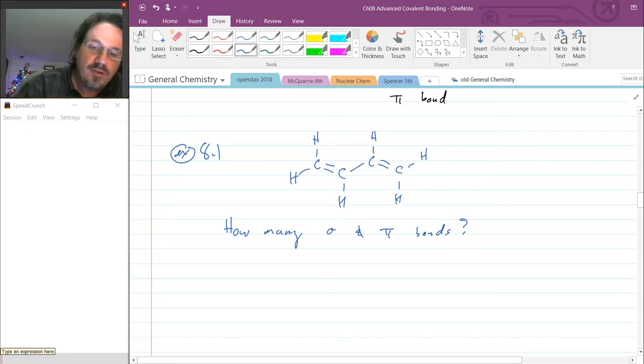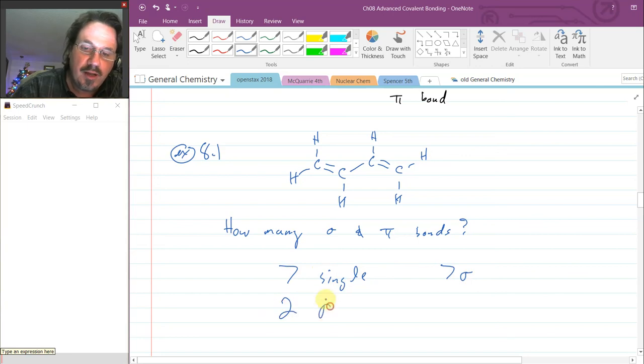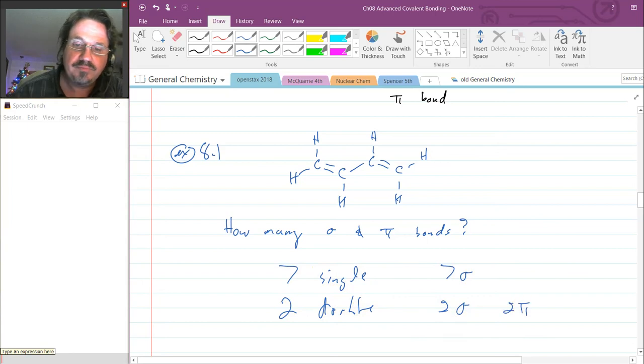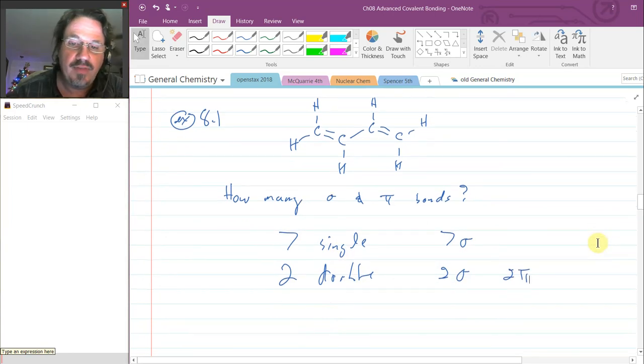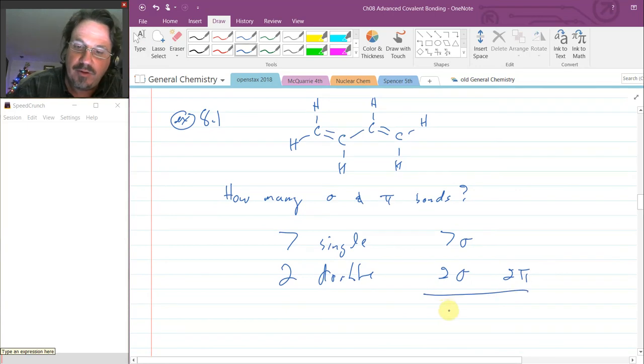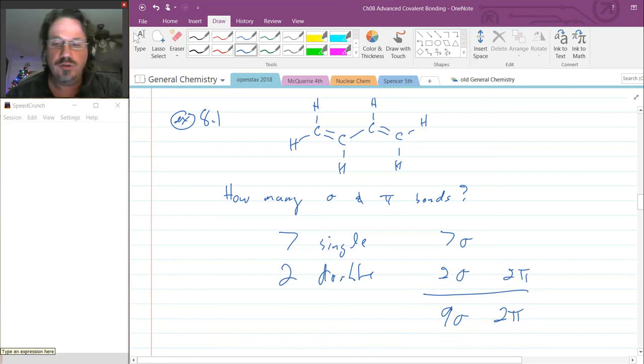So there are 7 single bonds, which corresponds to 7 sigmas. Then I've got 2 double bonds. With those 2 double bonds, I'll have 2 sigmas and 2 pi's. And that's all the bonding that I have. That makes a grand total of 9 sigmas and 2 pi's. Those are the types of bonding that would be in that larger molecule.